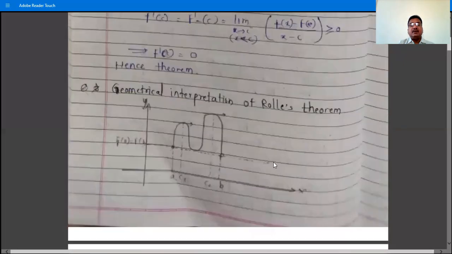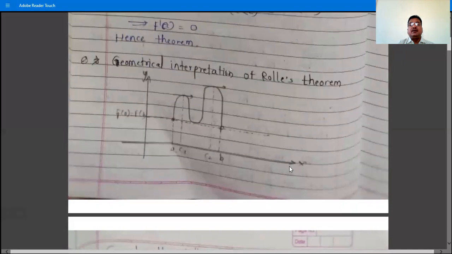What does f dash c equal to 0 mean? f dash c means the slope of the tangent at point c, and the slope of the tangent at point c being 0 means the tangent is parallel to the x-axis. When the slope of the line is 0, the line is parallel to the x-axis.